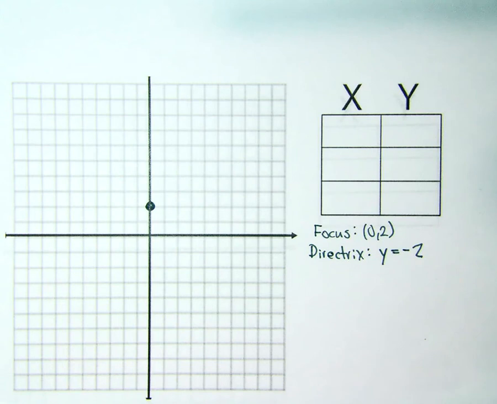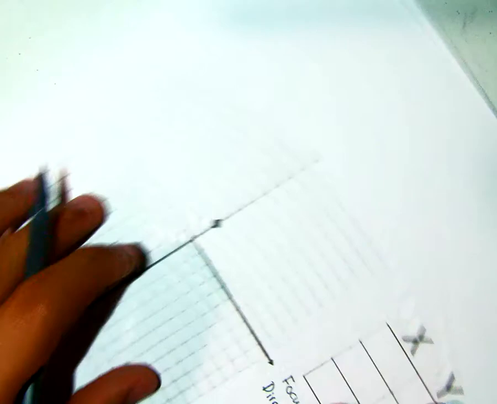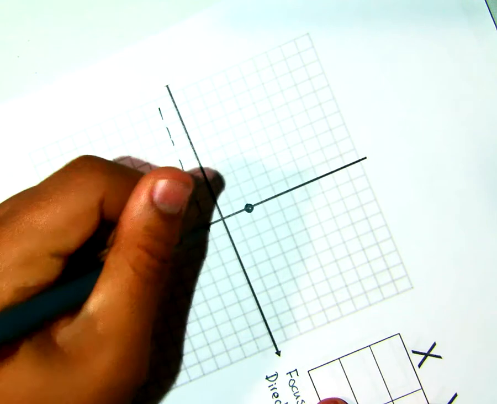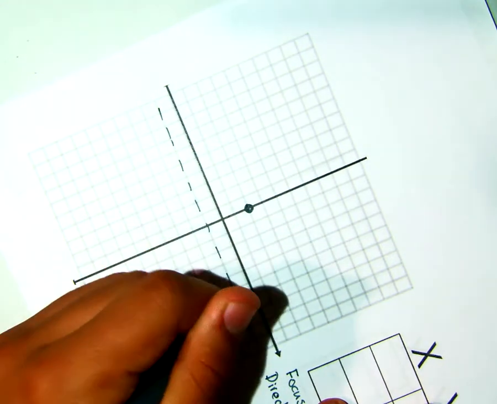Is it vertical or horizontal? Okay, it's a horizontal line where? No, that's positive 2. At negative 2, okay? So it's a horizontal line. It's not a trick question. We should know how to graph y equals.